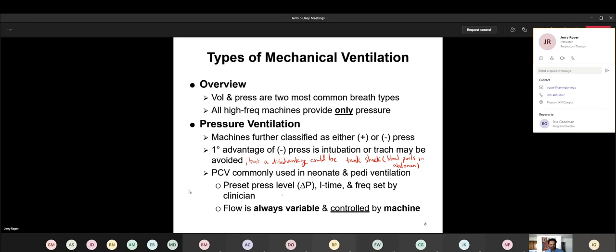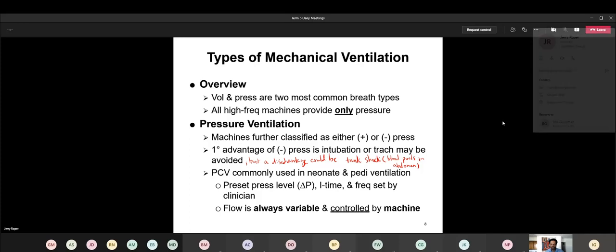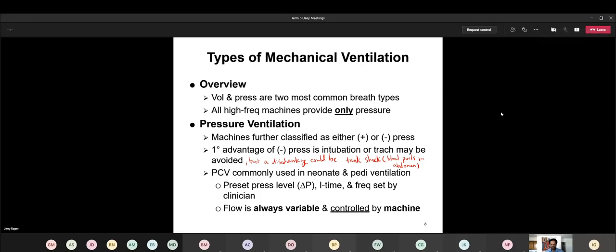Yes, it's PIP minus PEEP. So if you have PEEP, it's going to raise everything up with it if the lungs are normal. Really stiff lungs don't usually behave that way. It's not linear, where as you go up on the PEEP, you expect the PIP to go up by that much. But with normal lungs, it kind of works out like that. So if you don't have any PEEP, PIP and the delta P will be the same number. So it won't be a big deal.